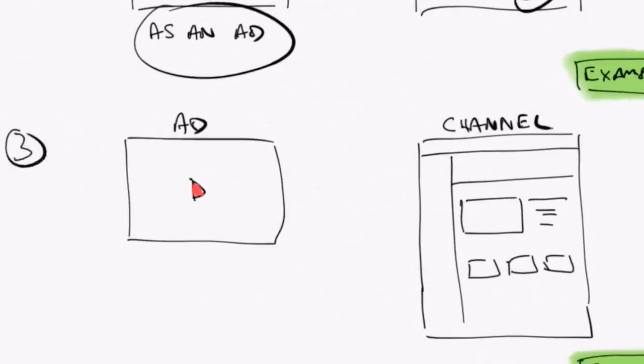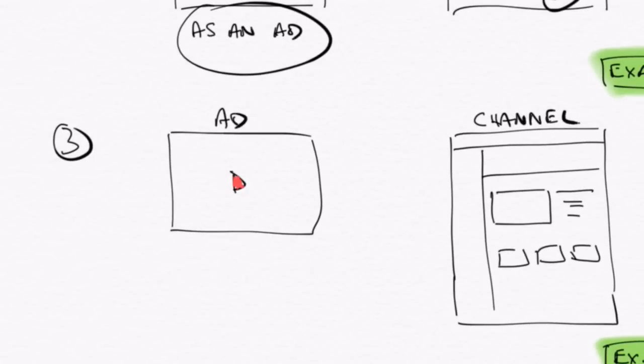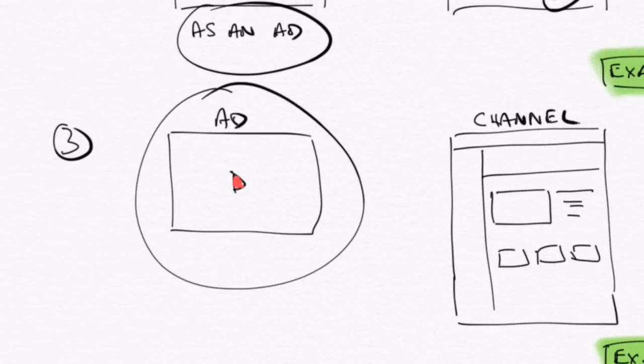And then the third way is back to creating a video ad with a very strong call to action. But this time, instead of sending them to another video or another website or whatever for that matter, you send them to your channel page on YouTube.